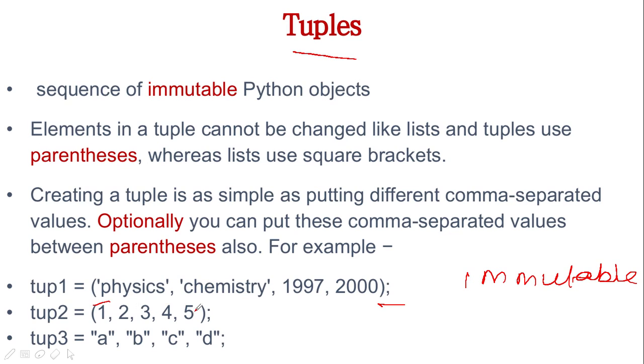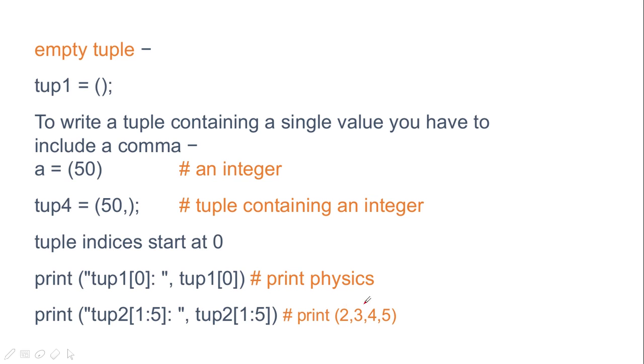Even if you do not mention the parentheses, by default it will be taken as a tuple. You can see here that the parentheses are not typed. If you have a collection of elements separated by commas, then by default it will be a tuple. How do we represent an empty tuple? By empty parentheses.